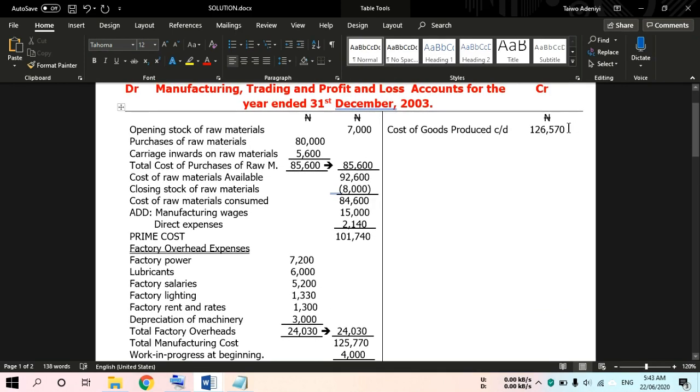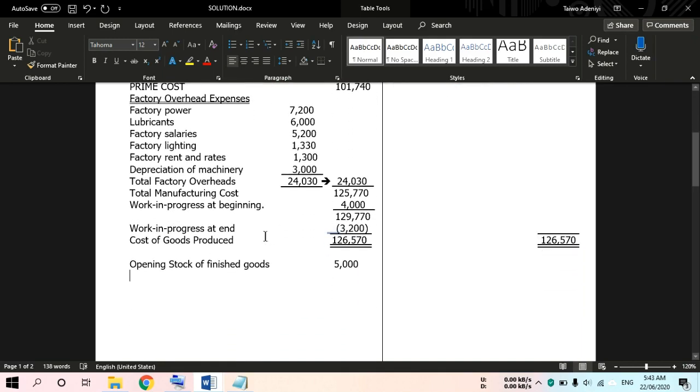So what is on the credit side here in the manufacturing account as CD will be written here as cost of goods produced, BD. And that amount is 126,570.